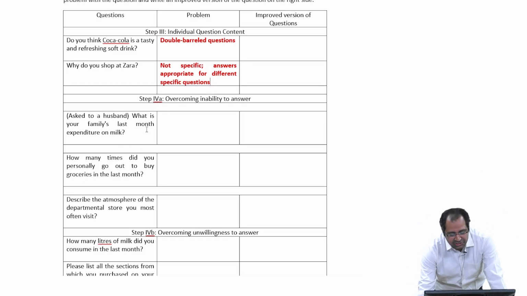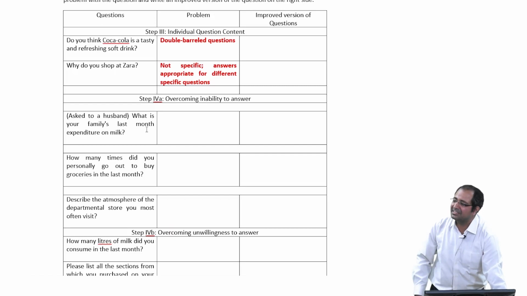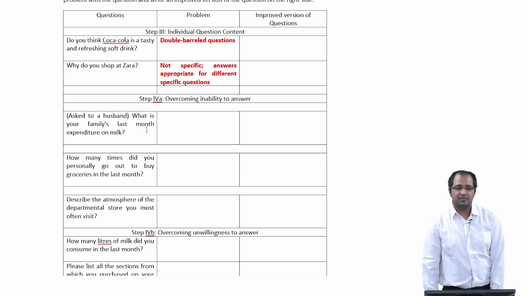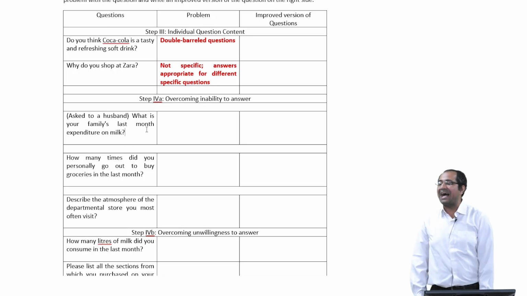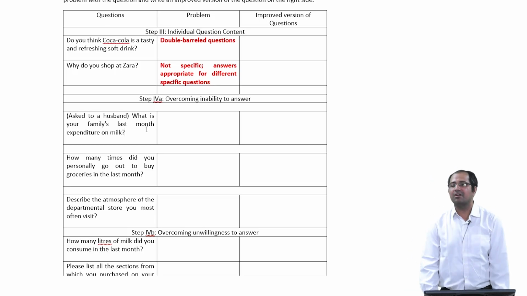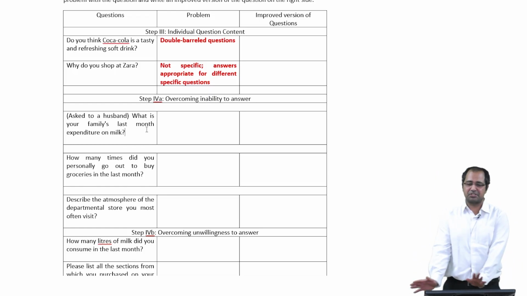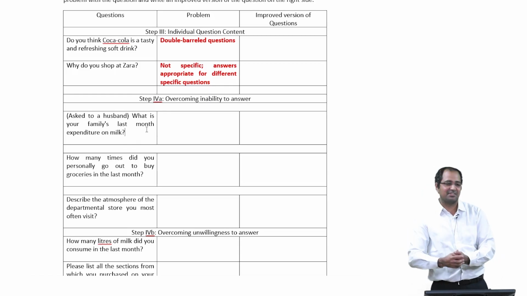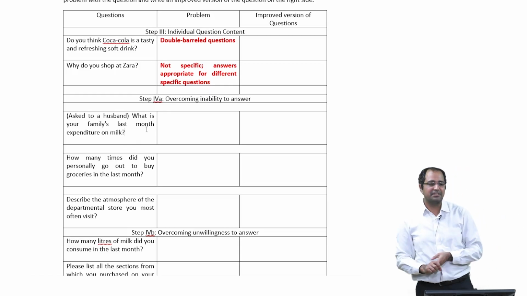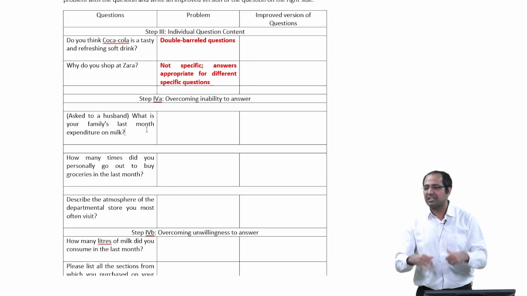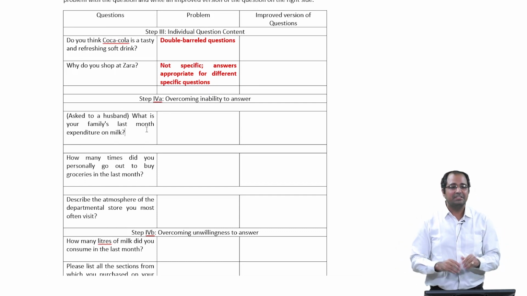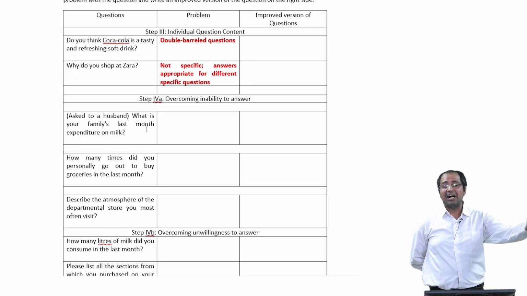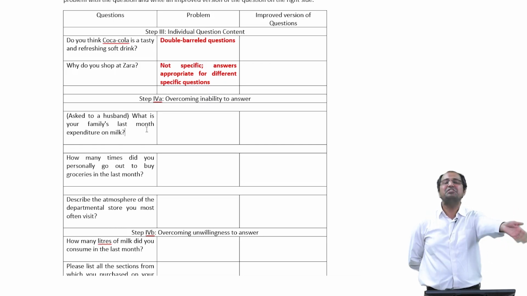If it is asked to a husband, what is your family's last month expenditure on milk? The assumption is that the husband would be unaware of expenditure on milk consumption. At least a generation, not my generation, definitely not your generation, but a generation before mine. If the survey is for them, the husband would not be aware. So if you are asking a husband for consumption, he would give some answer.